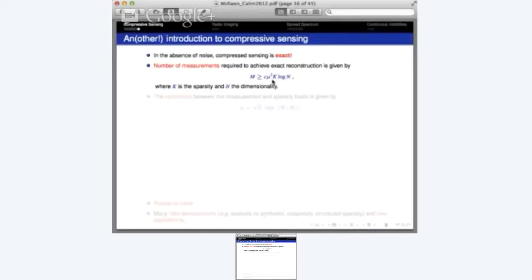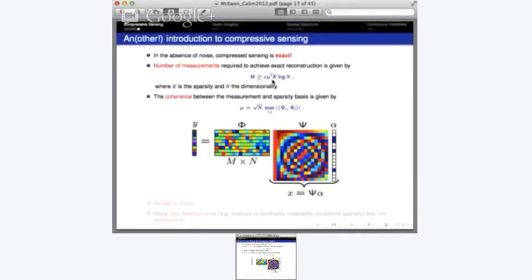But there's also another factor that drives things, called the coherence. Firstly, let's look at the picture of this system and try to get an intuitive idea of what the coherence is measuring. The coherence is the maximum of the absolute value of the inner product of your sparsity atoms or basis vectors, the columns here, and your sensing basis vectors, the rows here.